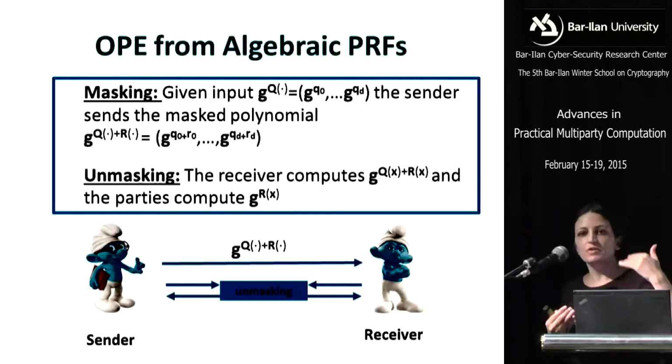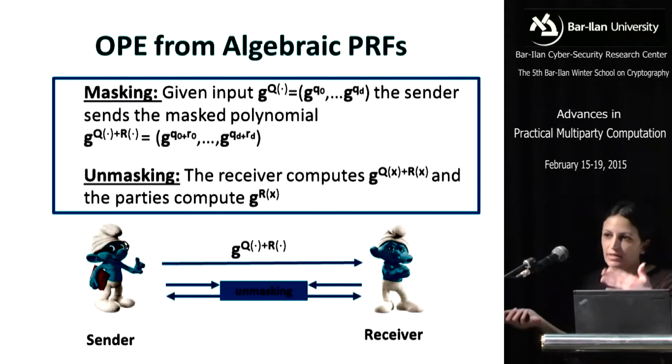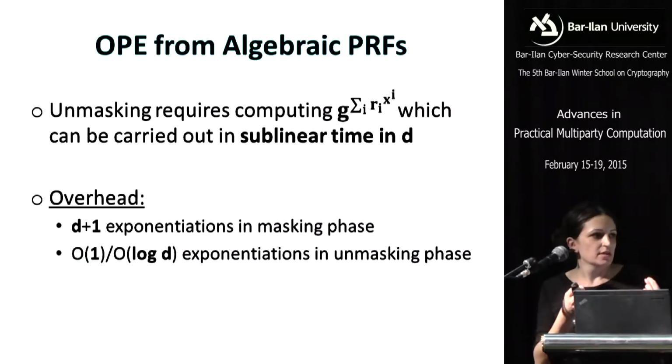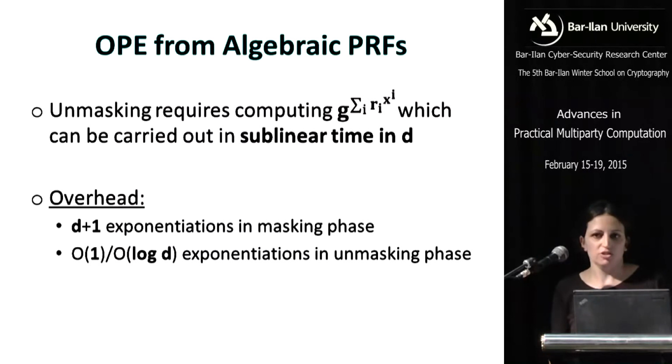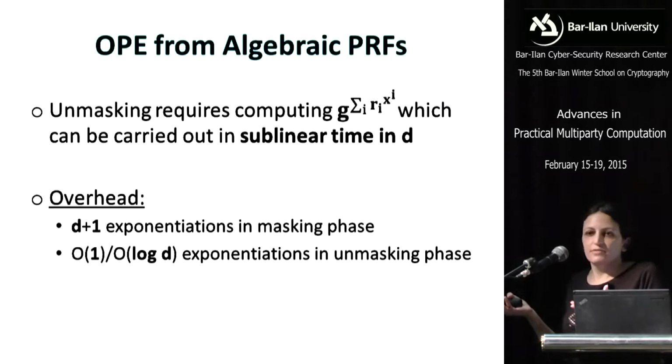We want to remove this randomness. But you could probably now guess where I'm heading. This unmasking essentially requires computing the eval function that I defined before. And we already know how to do it in time sublinear in the degree of the polynomial. So there it is. That's it.